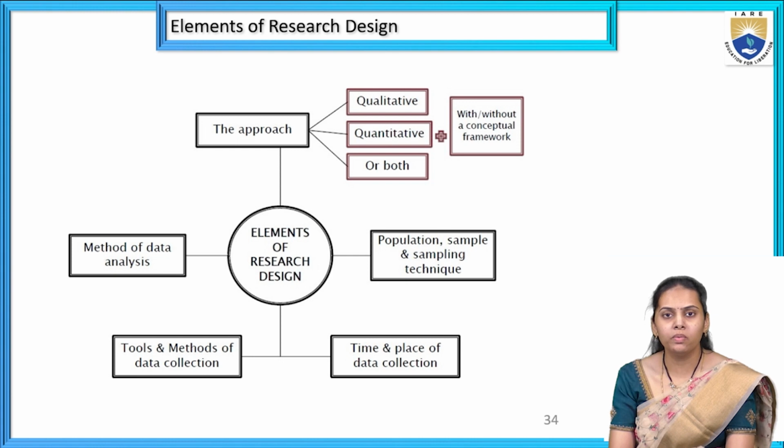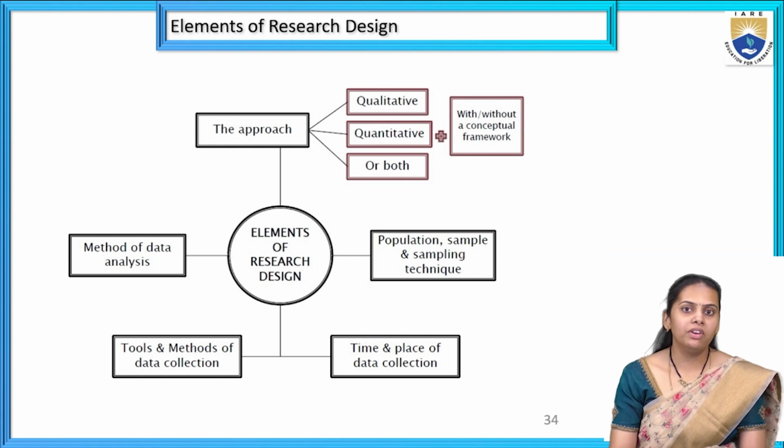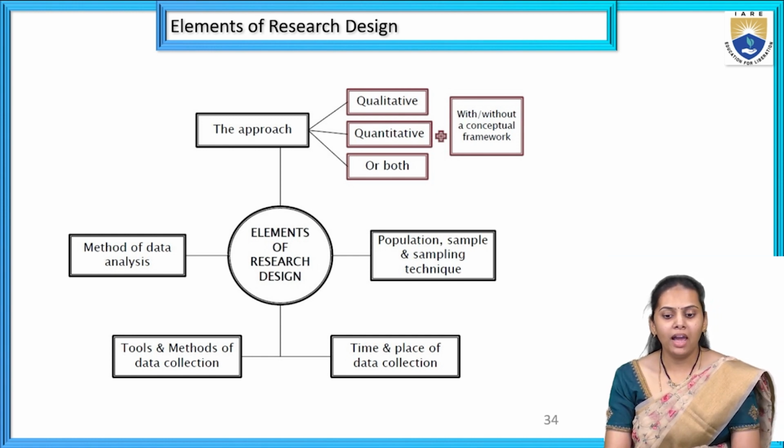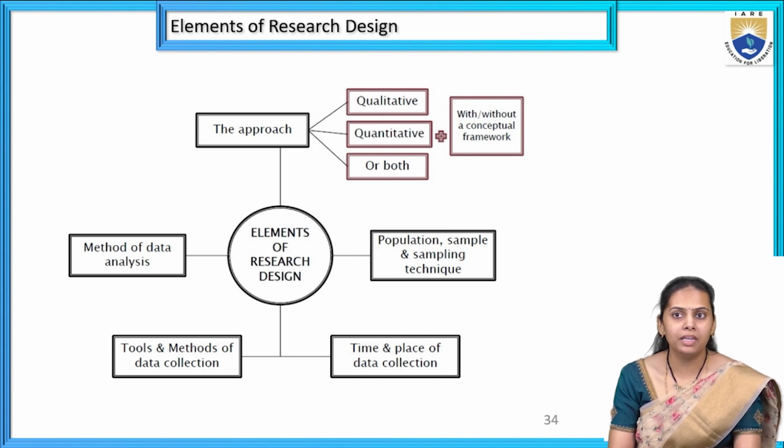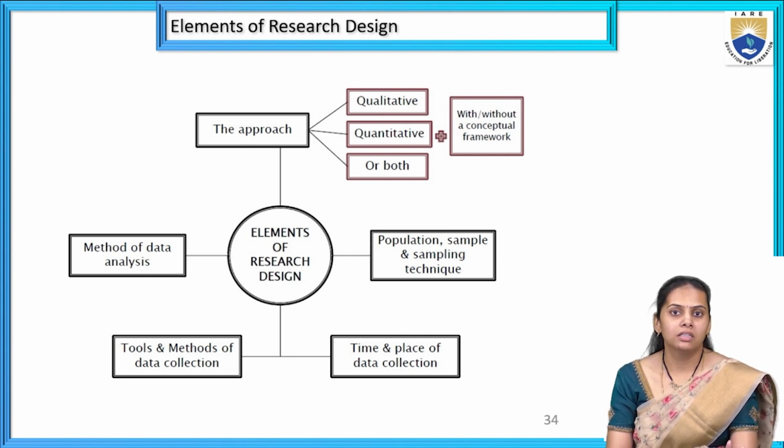Here we are going with qualitative and quantitative, or sometimes both, with or without a framework. The elements of research also consist of population and sampling technique. And of course, the time and place of data collection is one of the most important elements to design a research.